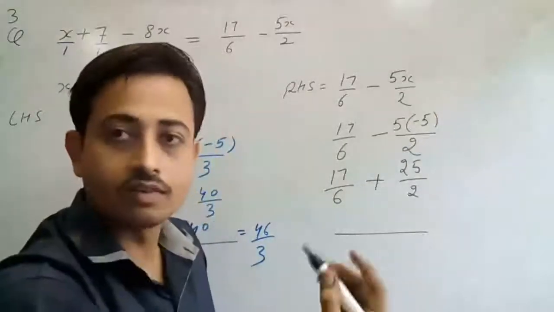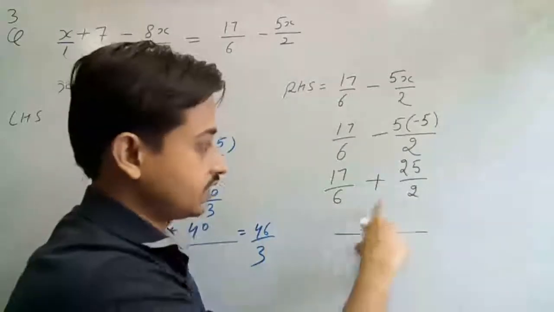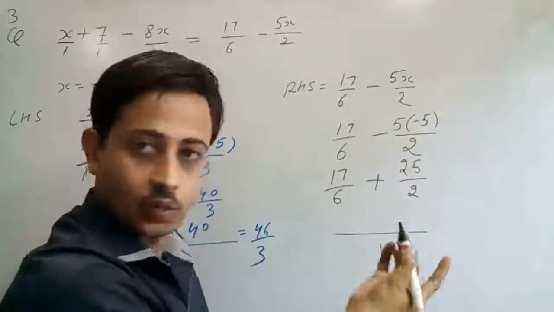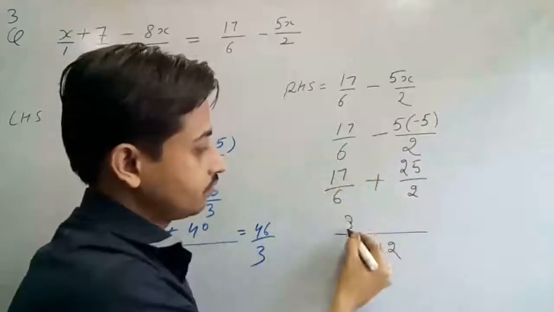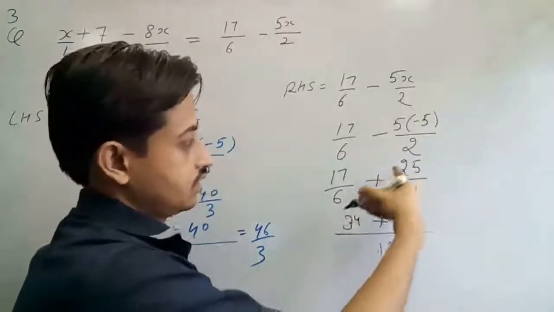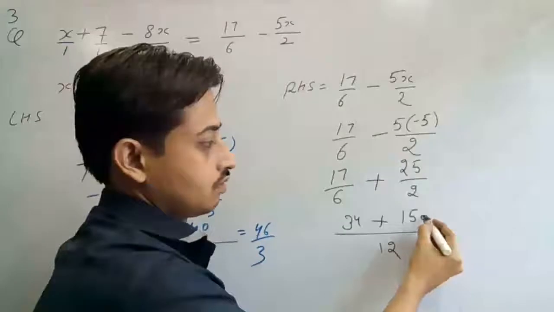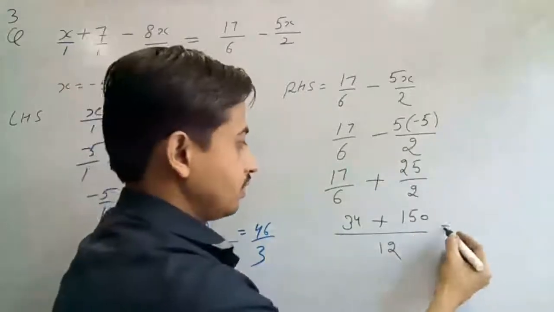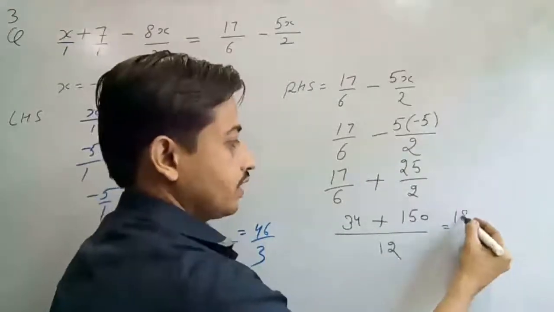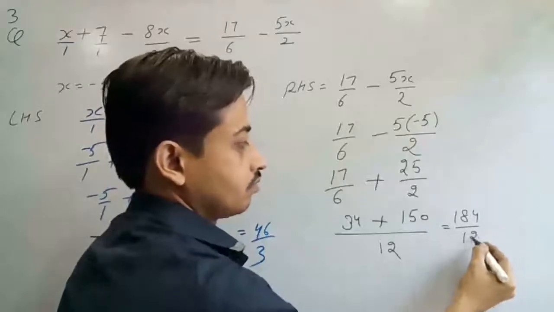Now how can we solve? 6 into 2, 12. Now 2 into 17, 34. 6 into 25, 150. Now add 150 and 34, we get 184 divided by 12.